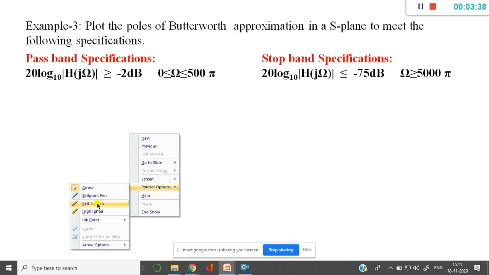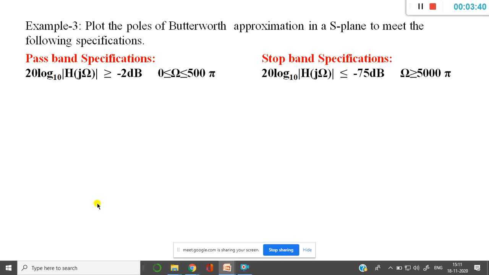What is the value of n here? Can anybody tell me the value of n? What did you get? I think you had applied the formula.